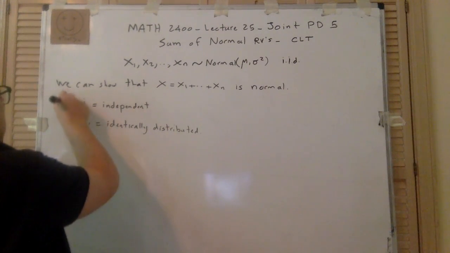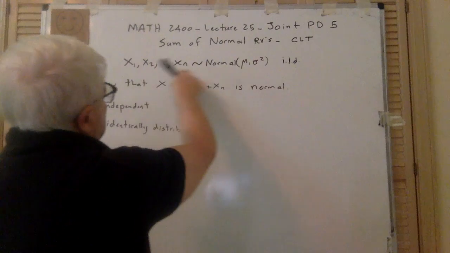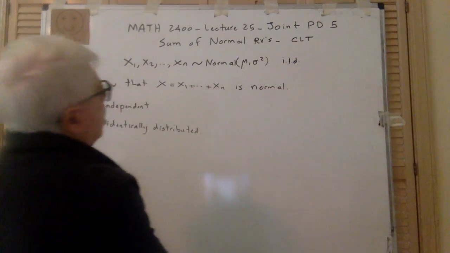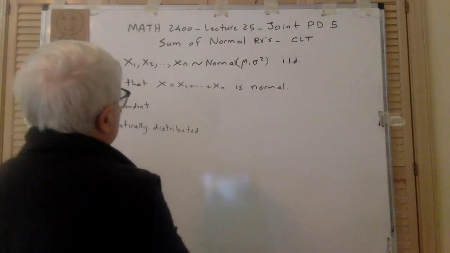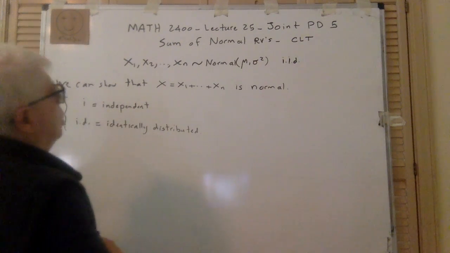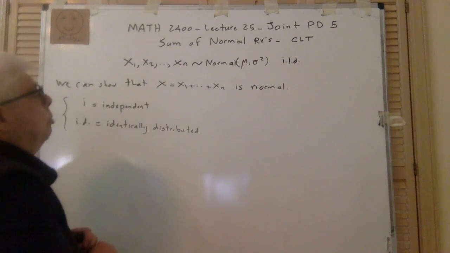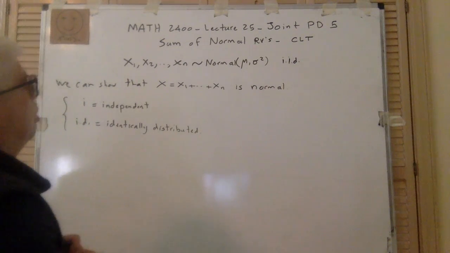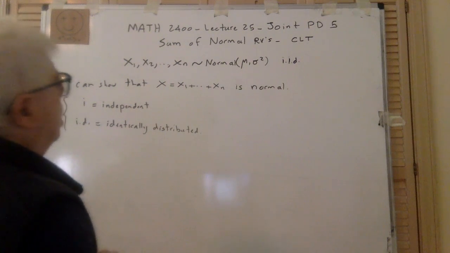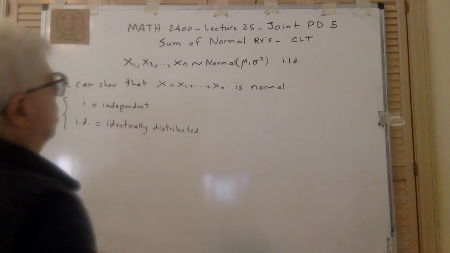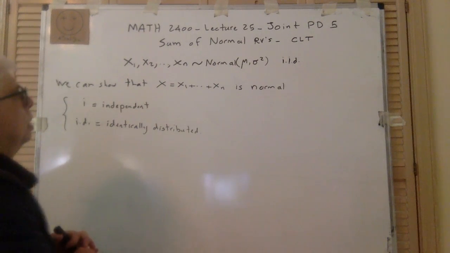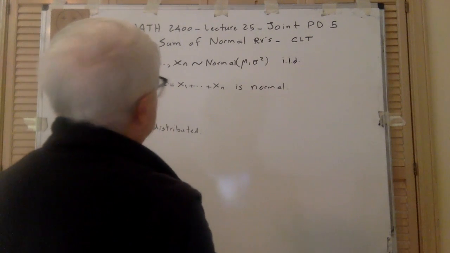So this means they're identically distributed: they have the same distribution, normal, mu and sigma squared. And independent means they're independent. So if we put them together as a multivariate random variable, then the joint PDF splits as the product of each marginal PDF.